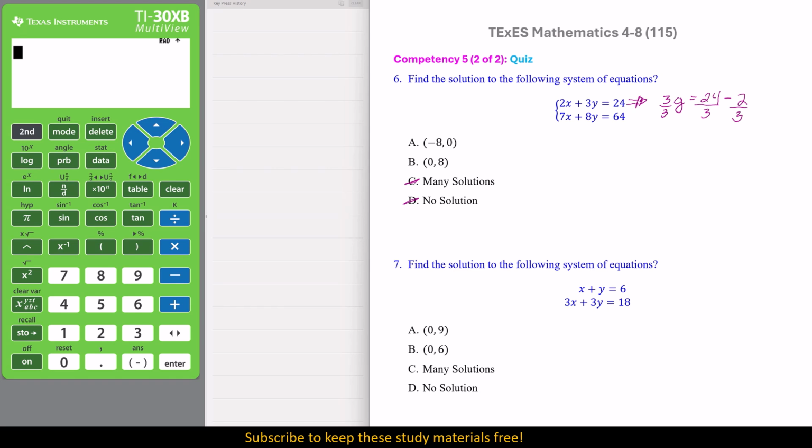Now we have y equals 8 minus 2/3 x. That is what we are going to use to substitute into the second equation.